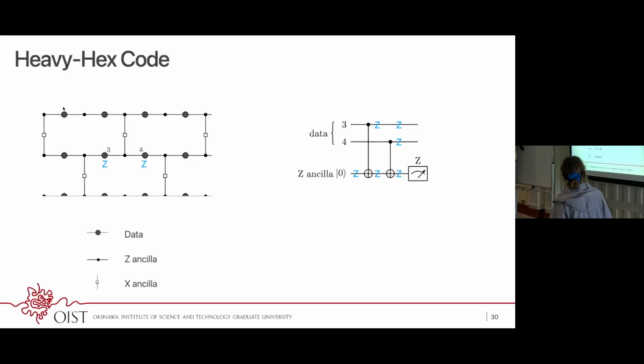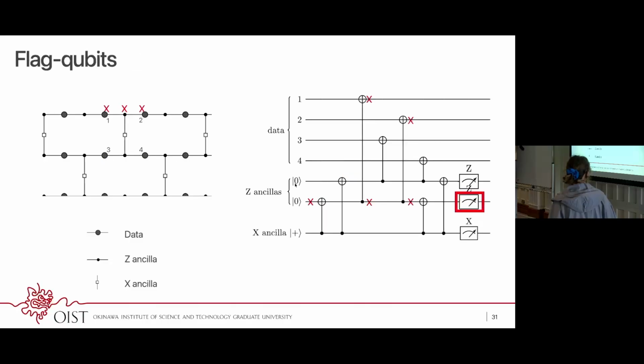And this is the example circuit for the ZZ measurements. So we initialize the Z ancillas into the 0 basis, and the Z is propagated by the CNOT gates onto the data, and we measure the Z ancilla out. There are also flag qubits inside this circuit.